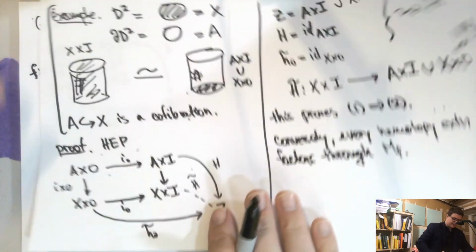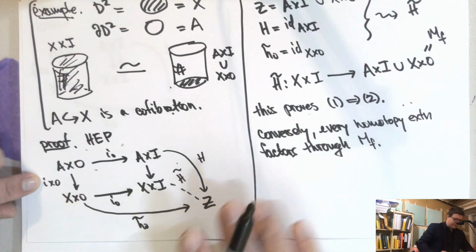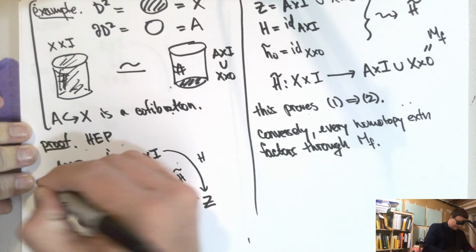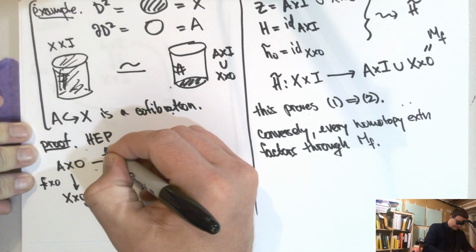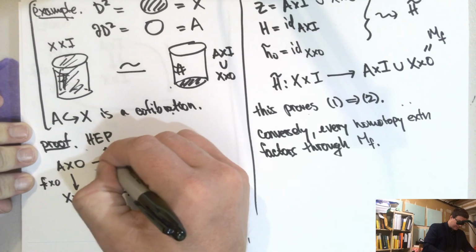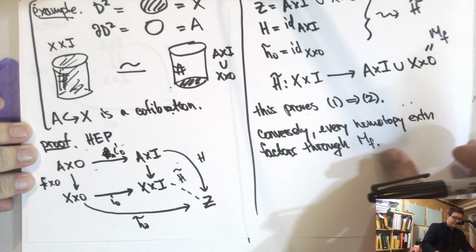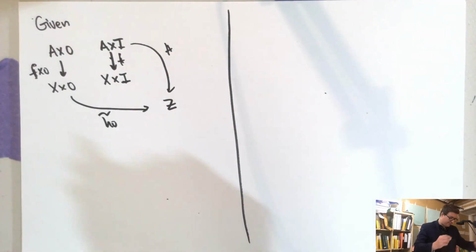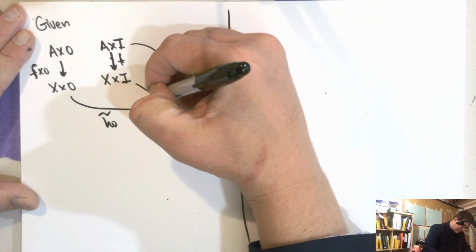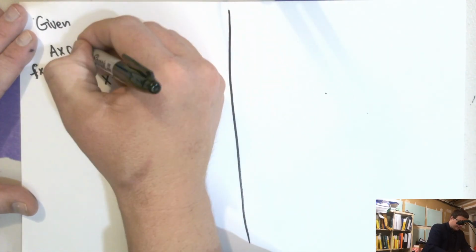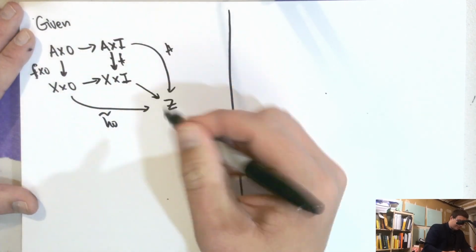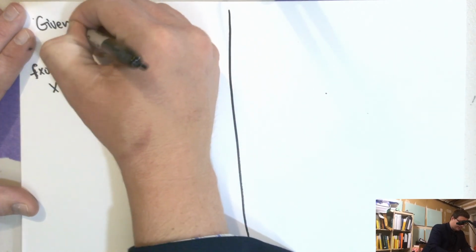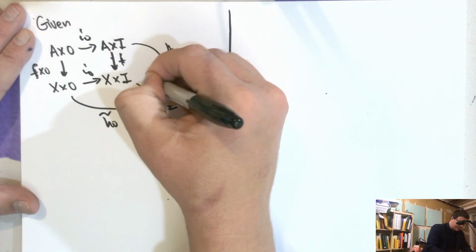This was F. That's what we called F, and this is still the inclusion at 0. So given a diagram like this, this is the inclusion into 0. So we get this H tilde.